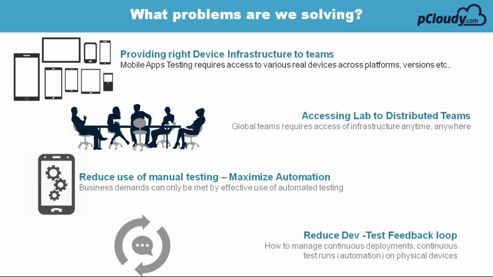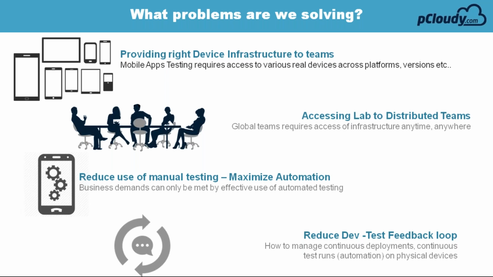The second point we have often seen is distributed teams. In the current situation, we have testing teams sitting in different geographies. If you want to give them real physical devices to test their mobile applications, either you have redundant devices, or certain devices with one team and certain devices with another. Collaboration between the teams is the biggest challenge there.